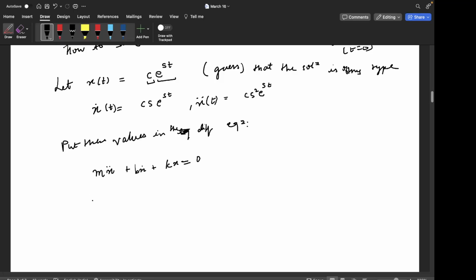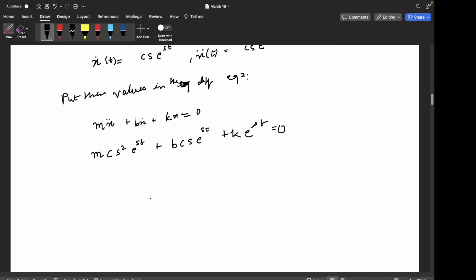So x double dot, in place of that we will write m c s square e to the power st, now b c s e to the power st. Okay, so this is the form that we get.